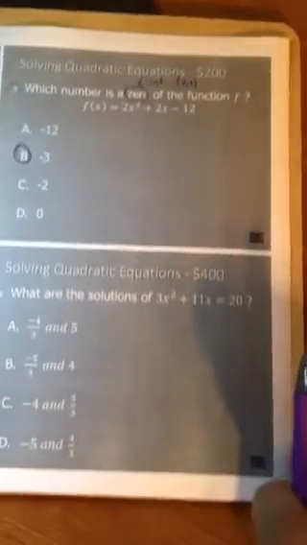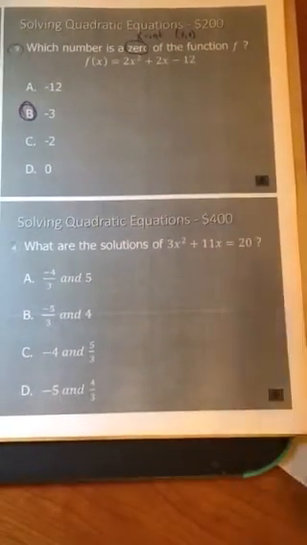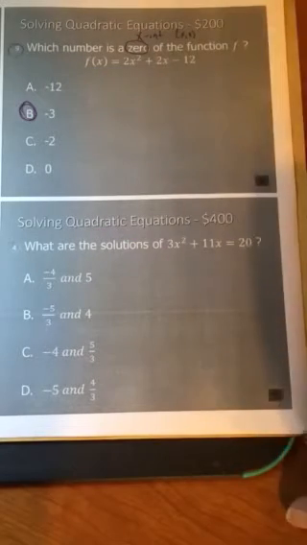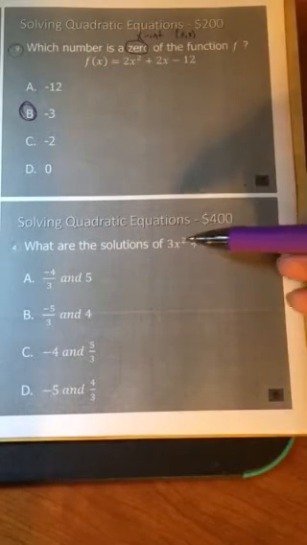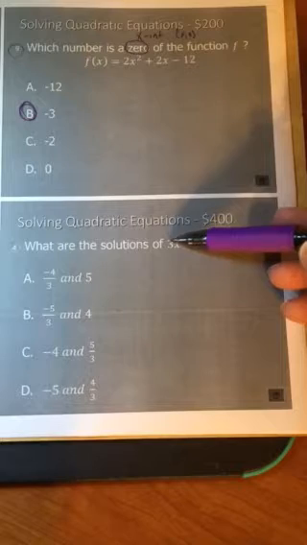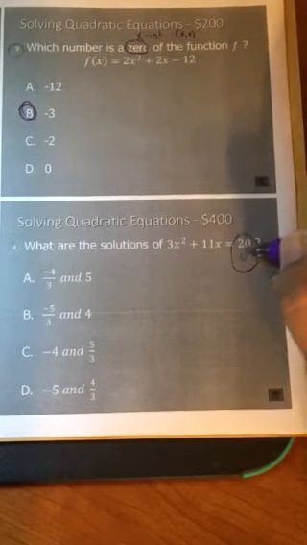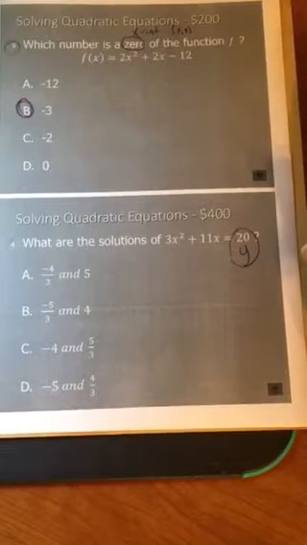And the last one that I'm going to do on this page is number 4. What are the solutions of 3x squared plus 11x equals 20? Okay, so in this case, y is equal to 20.